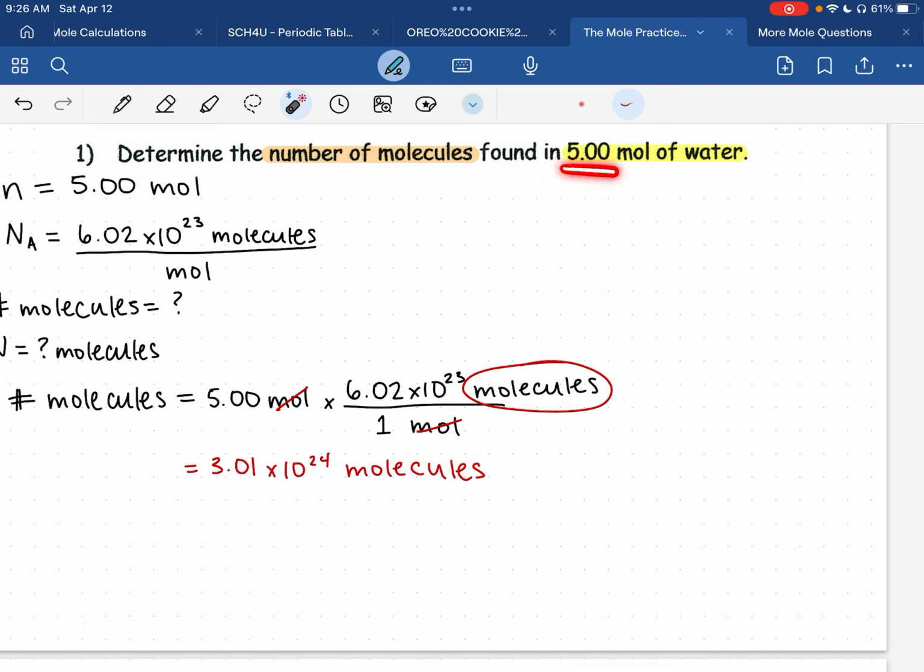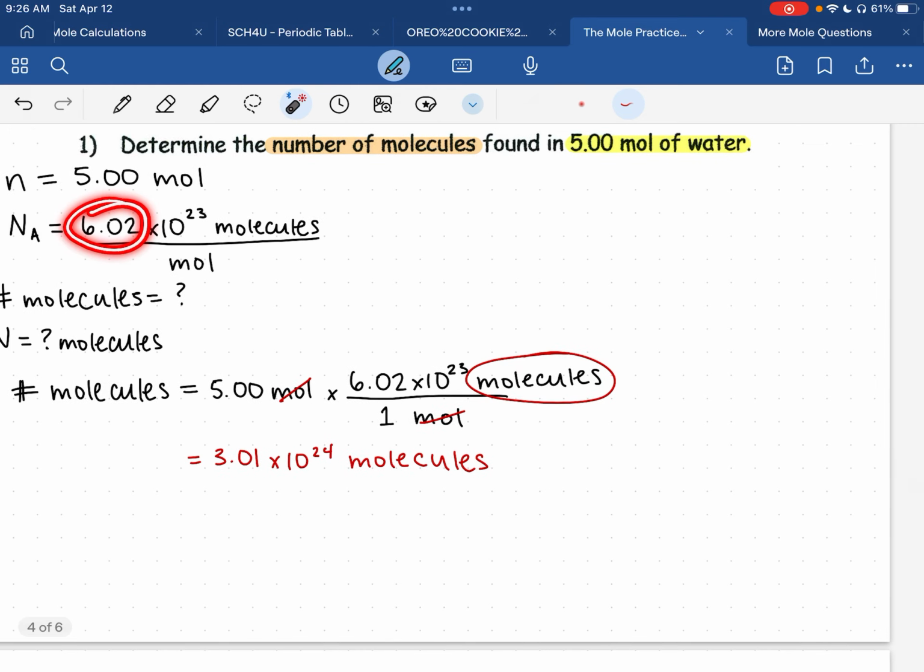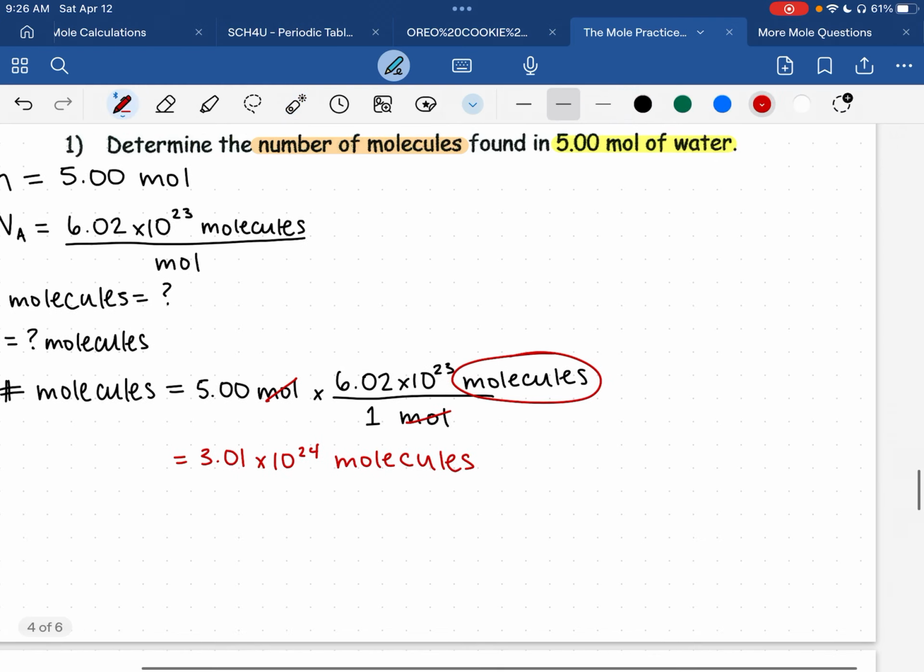I have 3 significant digits in my given, as well as the conversion factor, but conversion factors we don't really worry about for the significant digits. So that's how many significant digits it is. So 3. I don't need to round it or anything, but I should write a statement. Therefore, 3.01 times 10 to the power of 24 water molecules.